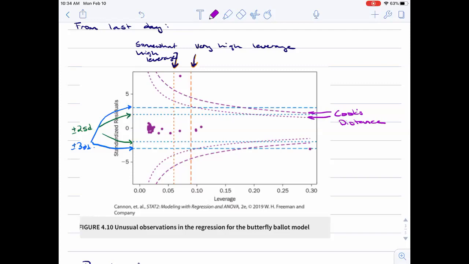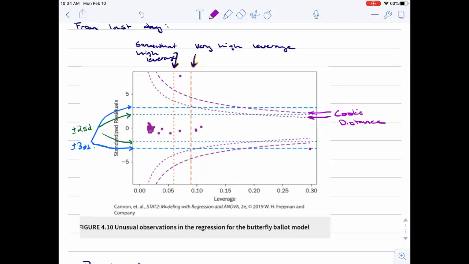If we have this huge value here, it has high leverage. This one's kind of within the bounds. But these ones have high leverage, but the residuals are close to zero, so we let them slide, because we don't just focus on the leverage.